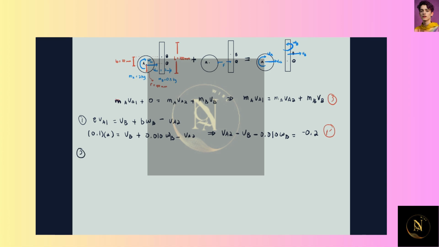Now for equation 2, vb times b equals 1 over 12 L squared omega b.